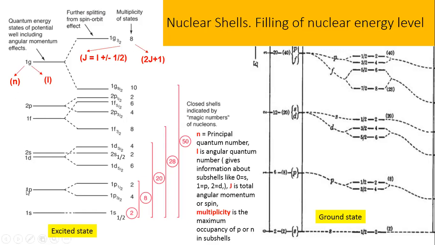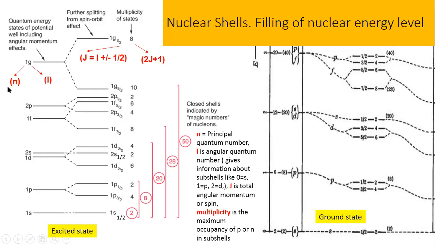The first thing written here is the increase in energy from 1s to 1g. If it is 1s, 1p, that is similar to the principal quantum number, and this is the angular quantum number. This energy level diagram shows the quantum energy states of a potential well, including the angular momentum effect.